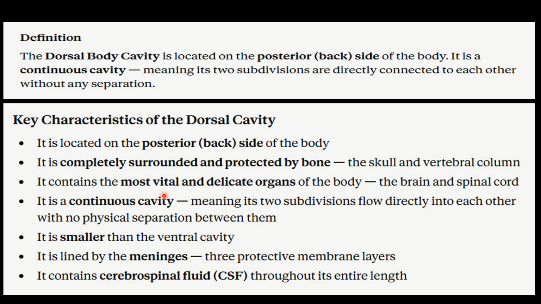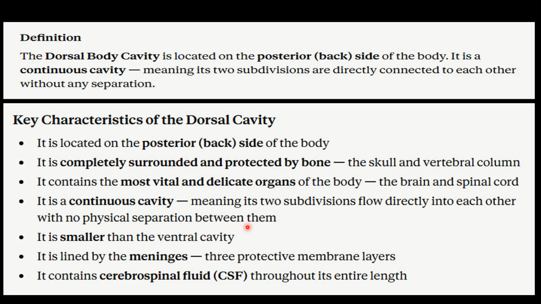Next, it is a continuous cavity, meaning its two subdivisions flow directly into each other with no physical separation between them. The next is, it is smaller than the ventral cavity.